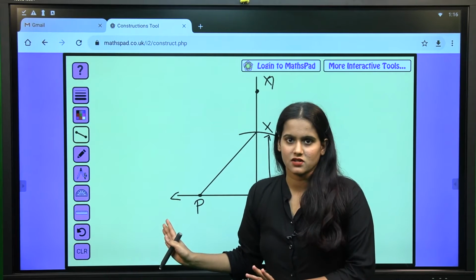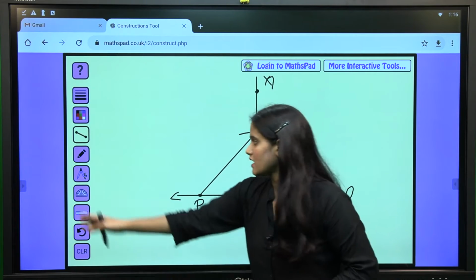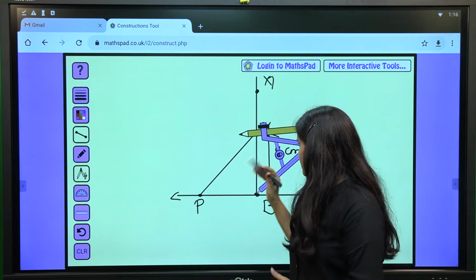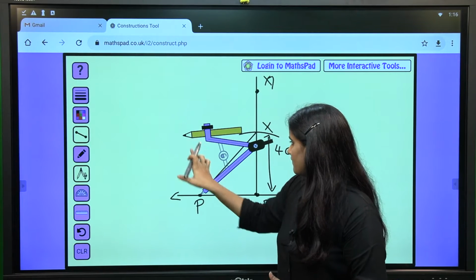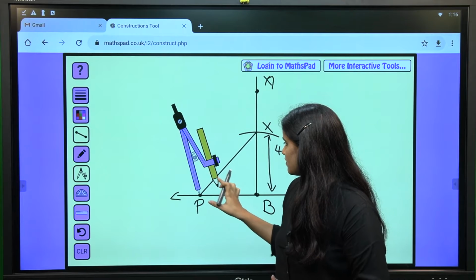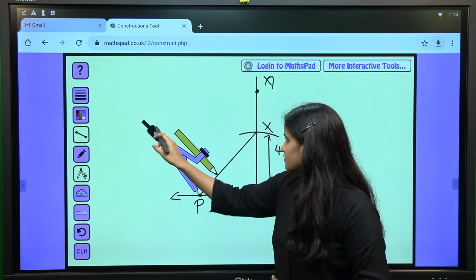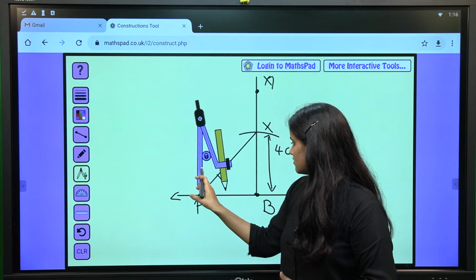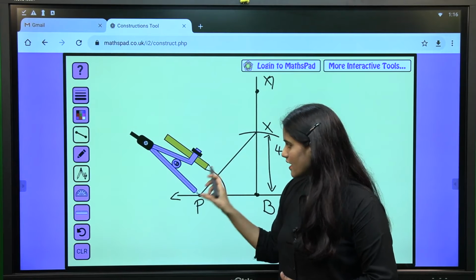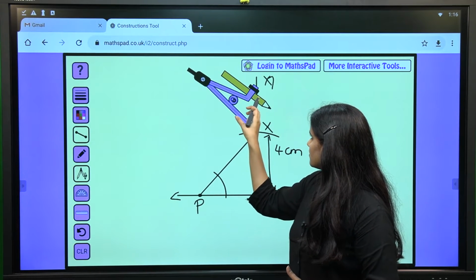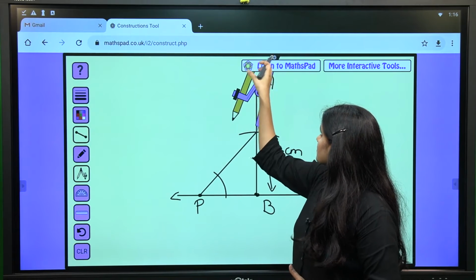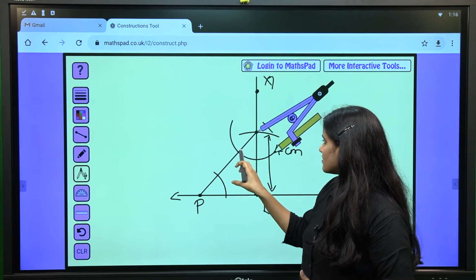Now we can do the construction, the same thing which we did previously. Take compass, then take any radii, place it on P and draw an arc like this. And the same radii, place it on X. So draw an arc like this as well.